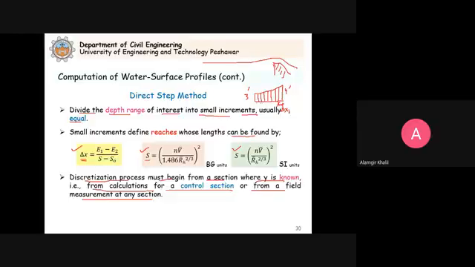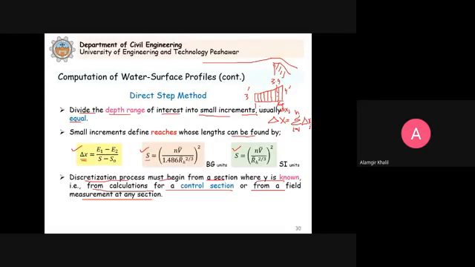All the delta x that you will consider will give us the total distance between these two sections. For example, let's say this depth is 3.9 feet. So I want to find out how much upstream of 4 is 3.9 feet, how much upstream of 3.9 is the distance to 3.8 feet depth, and so on till we reach 3.